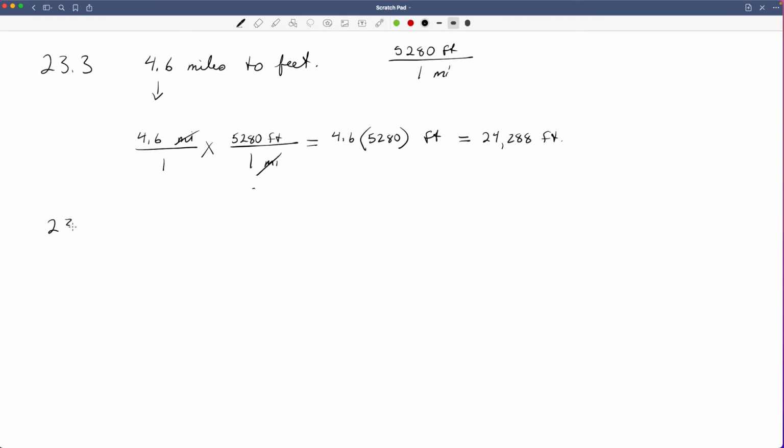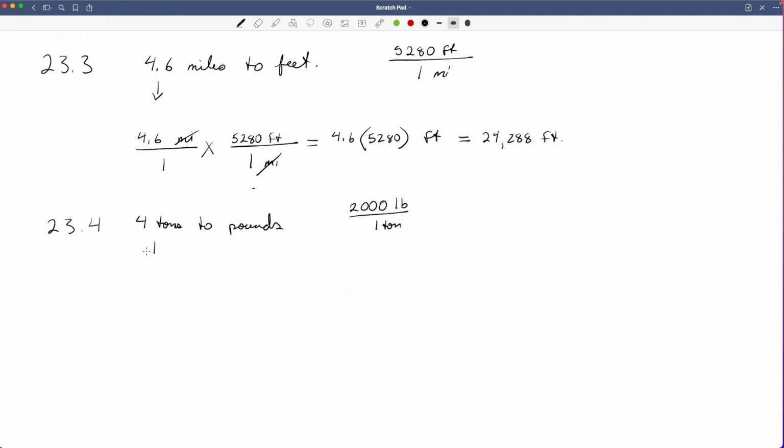Let's do 23.4. We're going to use a unit multiplier to convert 4 tons to pounds. So we need our unit of reference for weight. So I know that there are 2,000 pounds in 1 ton.